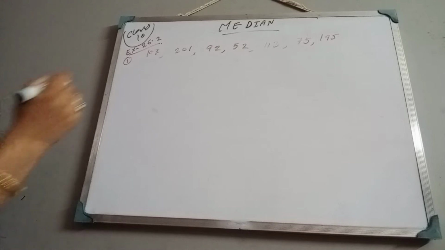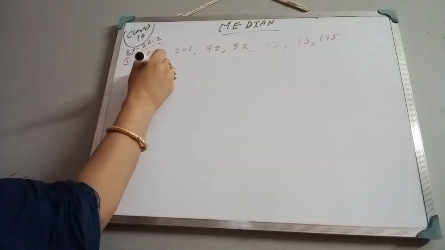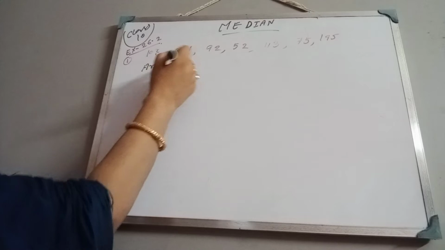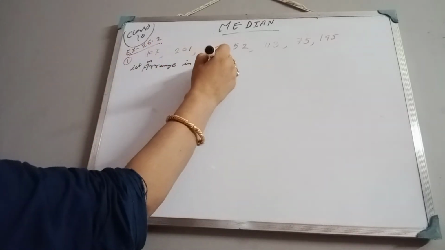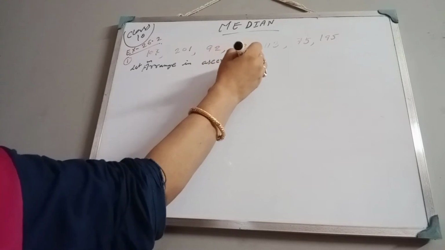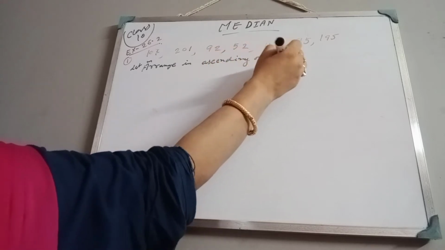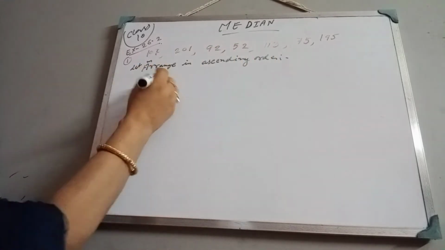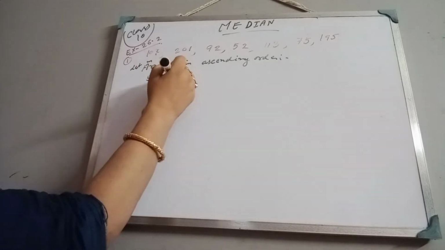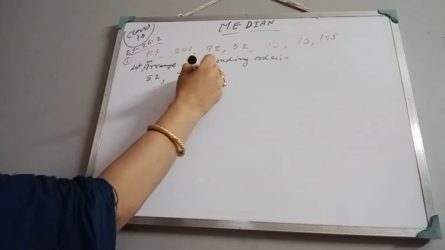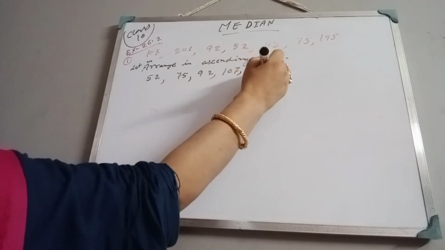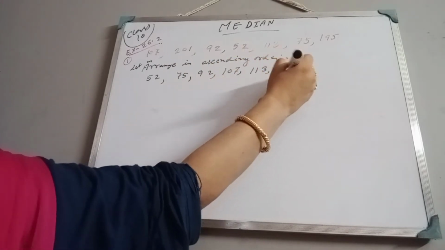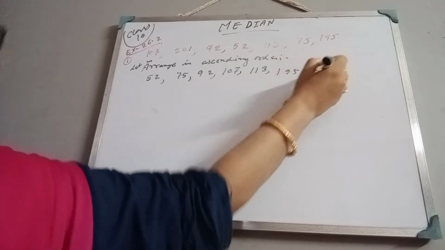At first 52, then 75, then 92, then 107, then 113, then 195, then 201.